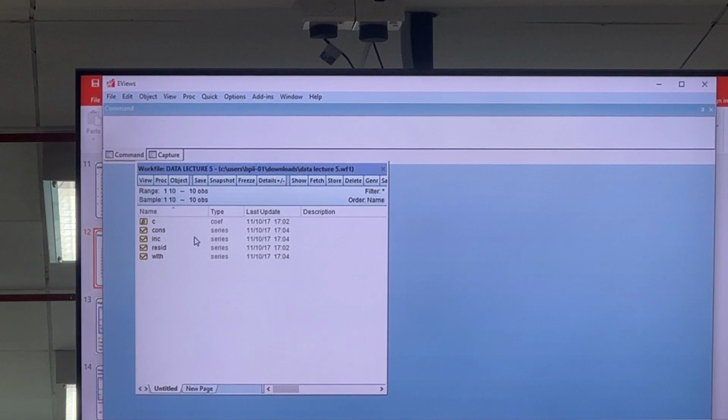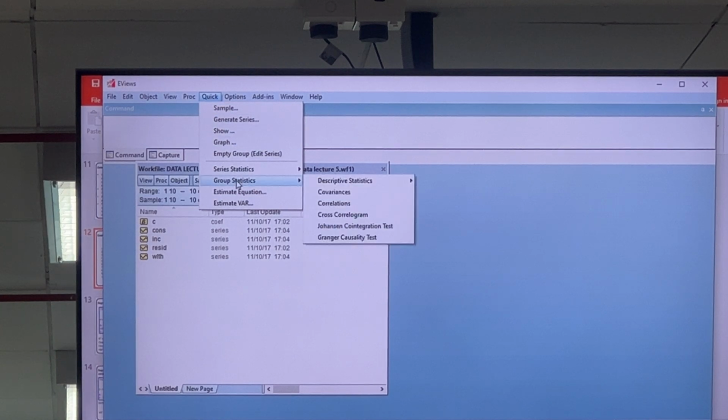A good practice is that before you estimate, you inspect the cross correlation between your independent variables, because correlation can give an idea about the possibility of having a serious multicollinearity problem in the model. So you can go to Quick, Group Statistics, Correlation.